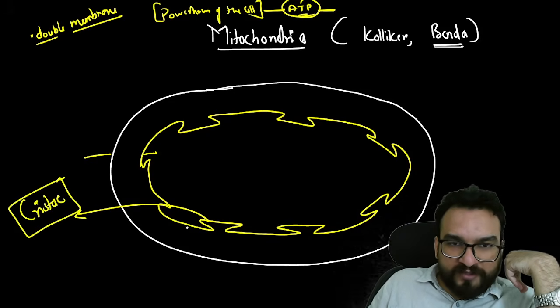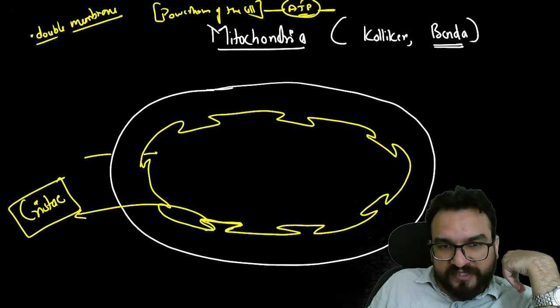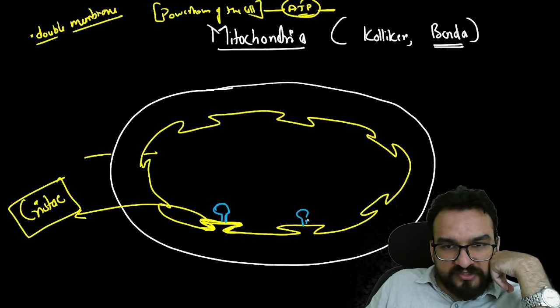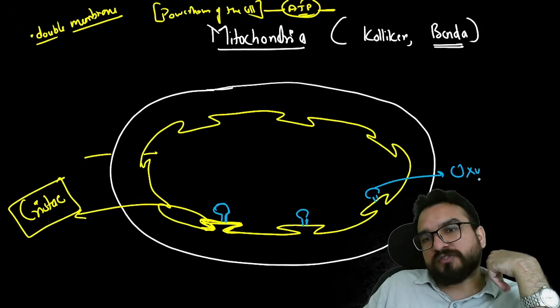They are curved like this because they can increase the surface area. And on these cristae you will find small structures like this, a lot of them. These are nothing but your oxysomes.